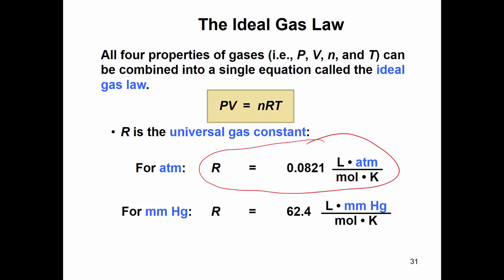Remember, grams and moles are not the same, so you have to convert if you're given grams. And then Kelvin, we've been using that throughout for temperature. If we plug R into an equation, our units have to cancel. Therefore, we have to match them with R.